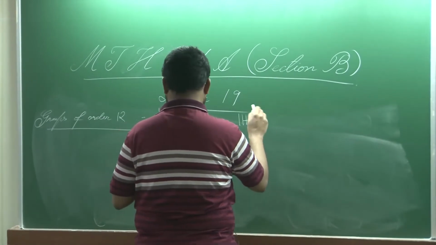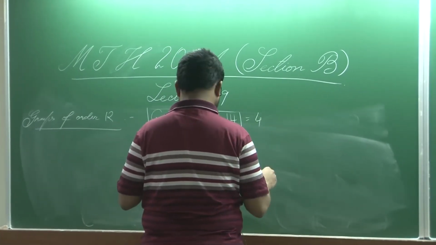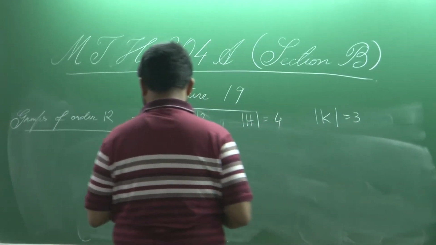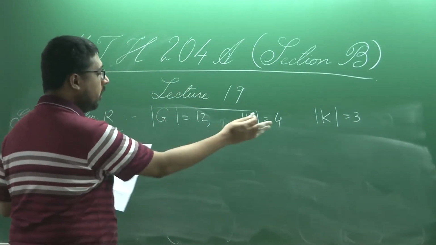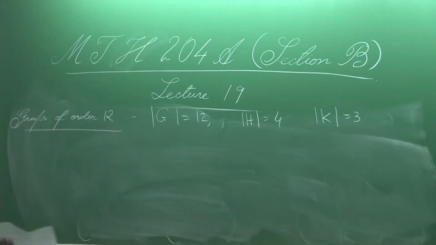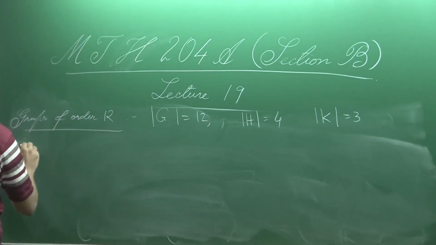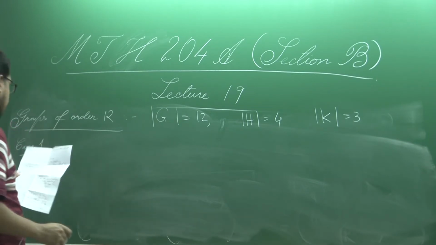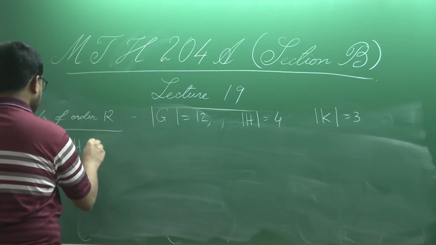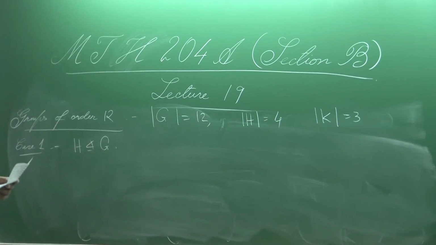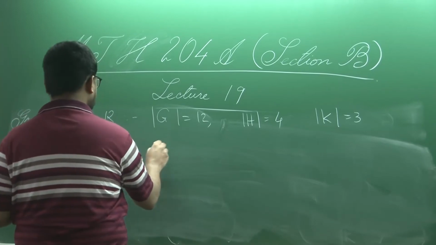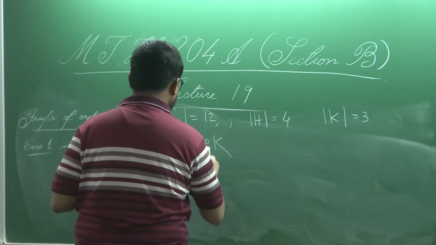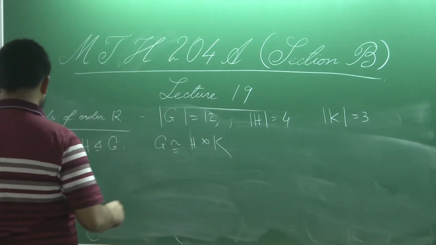Let H be the Sylow 2 subgroup, and K be the Sylow 3 subgroup. Now we know that one of them has to be normal, that we have already proved. That essentially motivates us to deal with two cases separately. Case 1 is H is normal in G. I will be going rather fast. In this case, G will be isomorphic to H semidirect product K for some homomorphism.